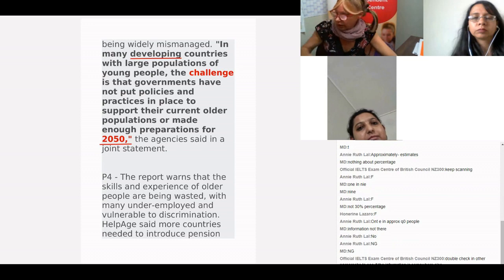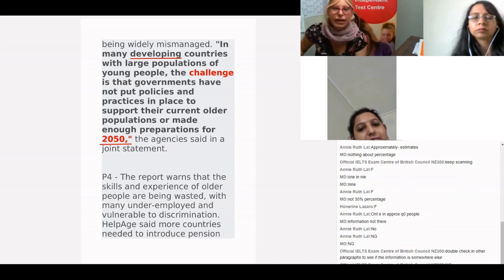Okay, so we've checked the whole text and we can't see any other paragraphs that have that information. So we can assume at this point that it's not given, because there simply isn't enough information to give us a true or a false answer.